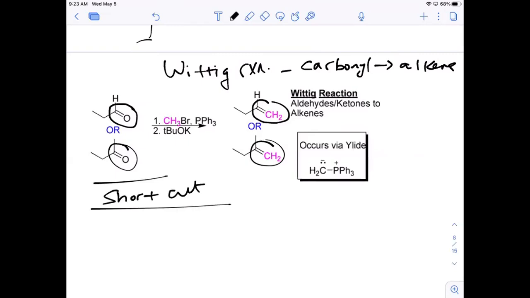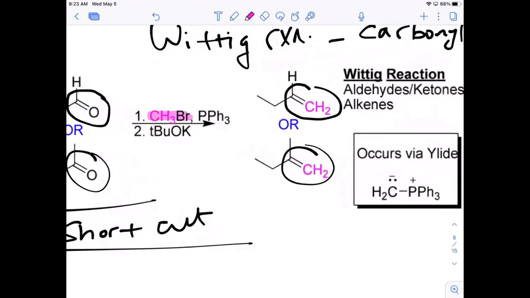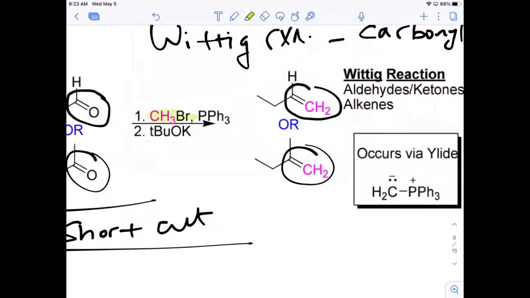Right? So these are your reagents. You need an alkyl halide. You need triphenylphosphine, and then you need a strong base. Those are the three things you need in addition to your carbonyl to do the Wittig.